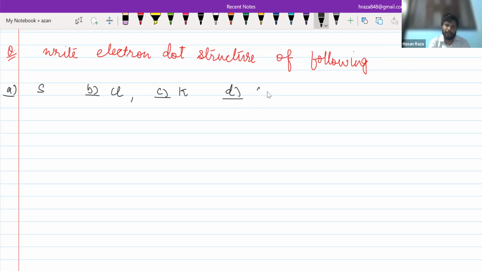There is calcium. Also there is argon, and also there is phosphorus. Please write the electron dot structure of these, and if you have any doubt, please ask me.